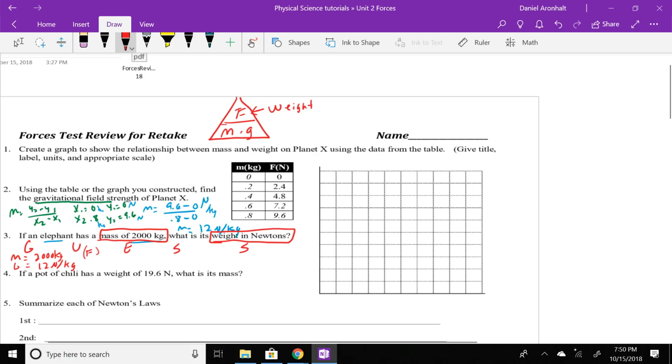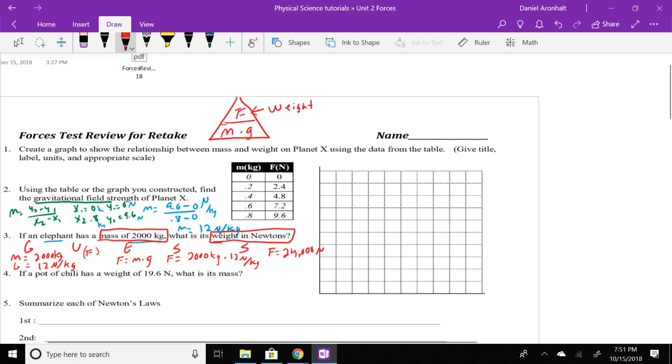So you write out the equation, F equals m times g, and you plug it in. F equals 2,000 kg times 12 newtons per kilogram, and the force is going to equal 24,000 newtons.